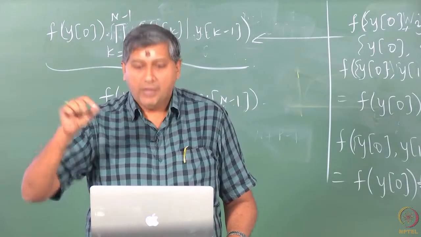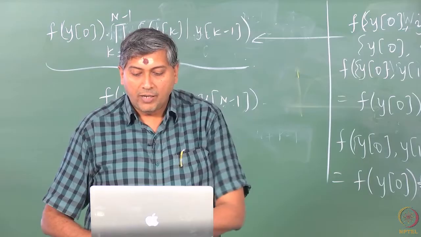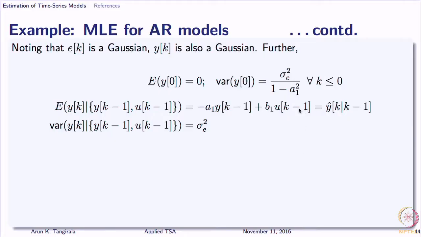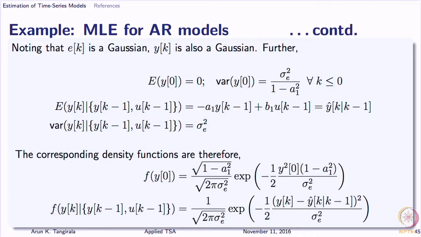So in general the mean is going to be minus a1 yk minus 1. Ignore the input part, do not worry about that. And what about the variance? We have already said the variance is sigma square e. So f of y0 is this here, and the conditional PDF is this. The only difference between these two is the mean and the variance. In this case there is no mean, but the variance is sigma square e over 1 minus a1 square.